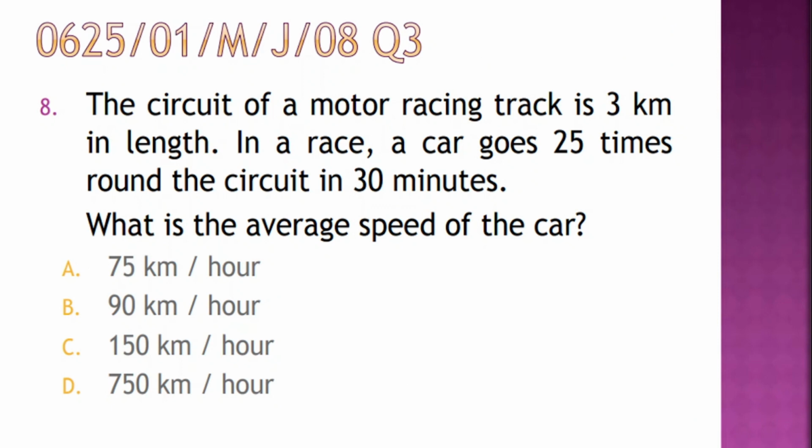In this question, the circuit of a motor racing track is 3 km in length. In a race, a car goes 25 times round the circuit in 30 minutes. What you have to find here is the average speed of the car.